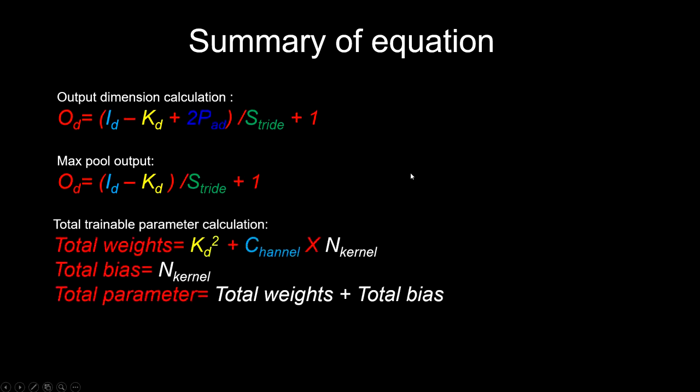So the final equation that I want to highlight is in terms of the total trainable parameters. For every layer that you plug into the convolution process, you need to calculate the weights. All the weights will be defined as the parameters for the structures.